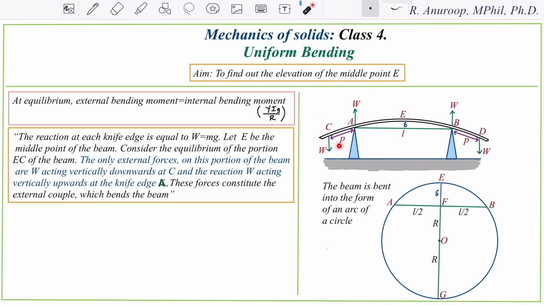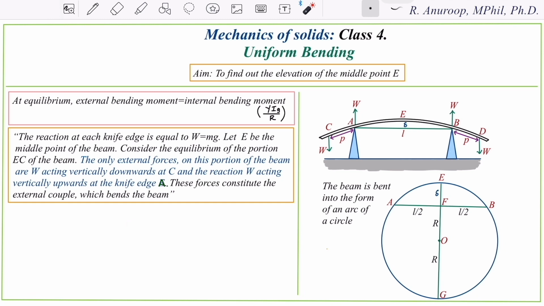These two forces constitute a couple which bends the beam. That is, in the equilibrium section EC, W is acting vertically downwards at C and the reaction is acting vertically upwards at A.